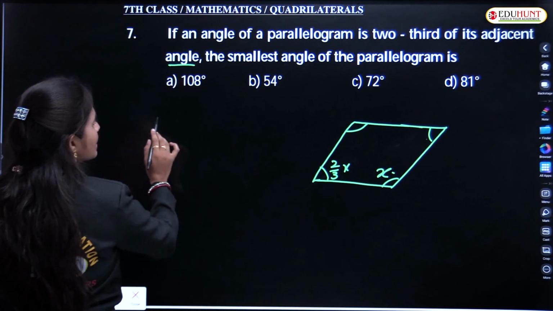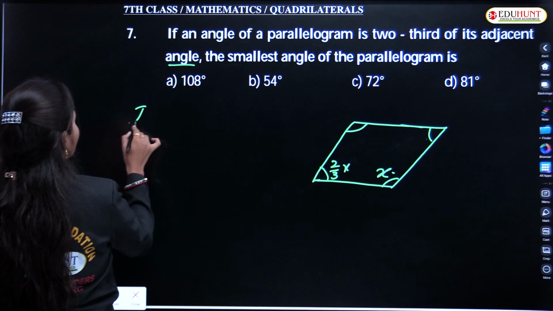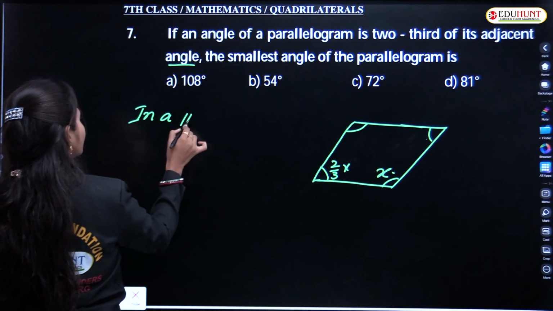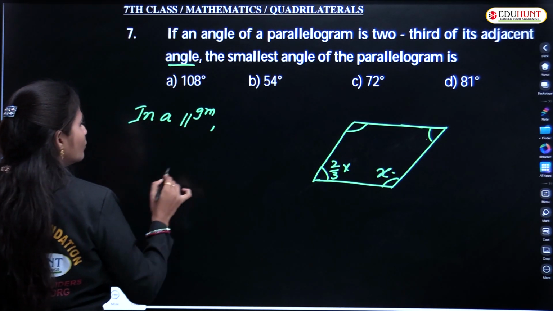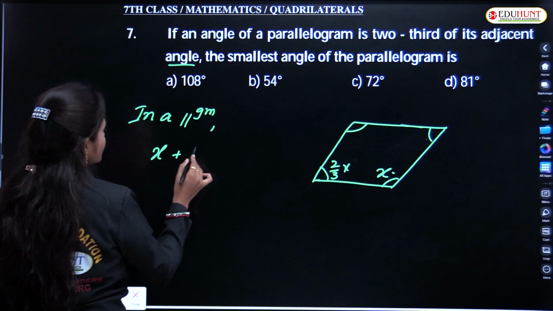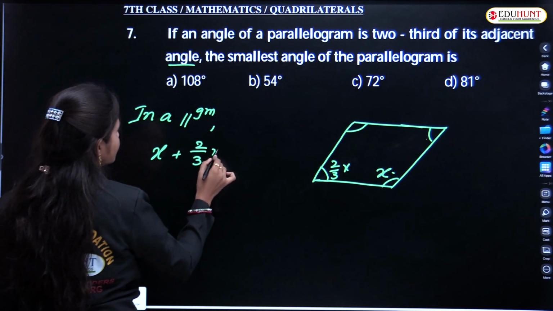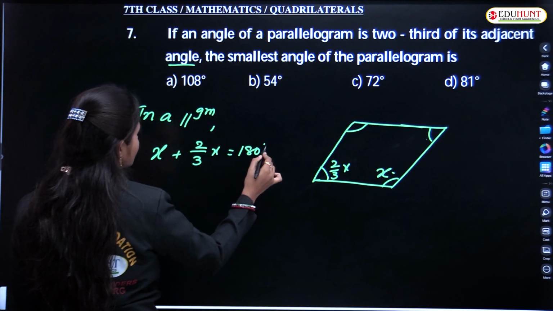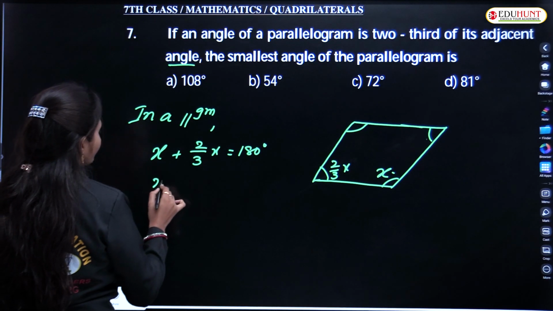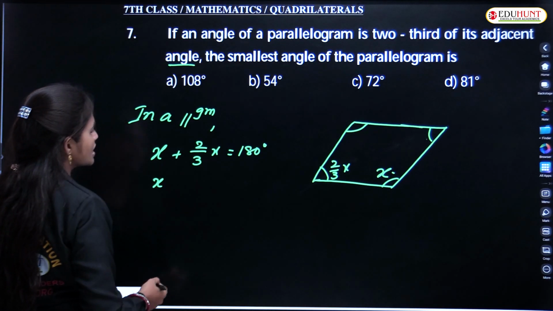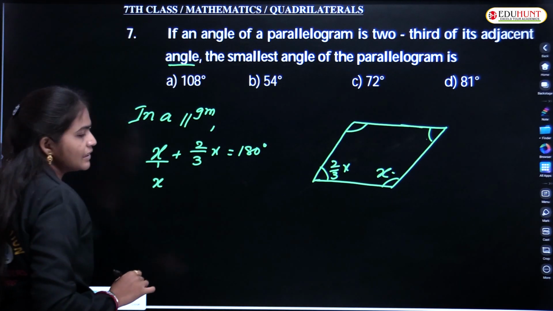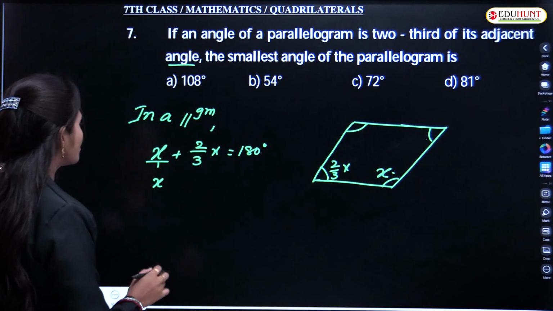So here what they are asking, we know the condition in a parallelogram: x plus 2/3 of x is equal to 180 degrees. We can take cross multiplication, or else take the LCM of the fractions.